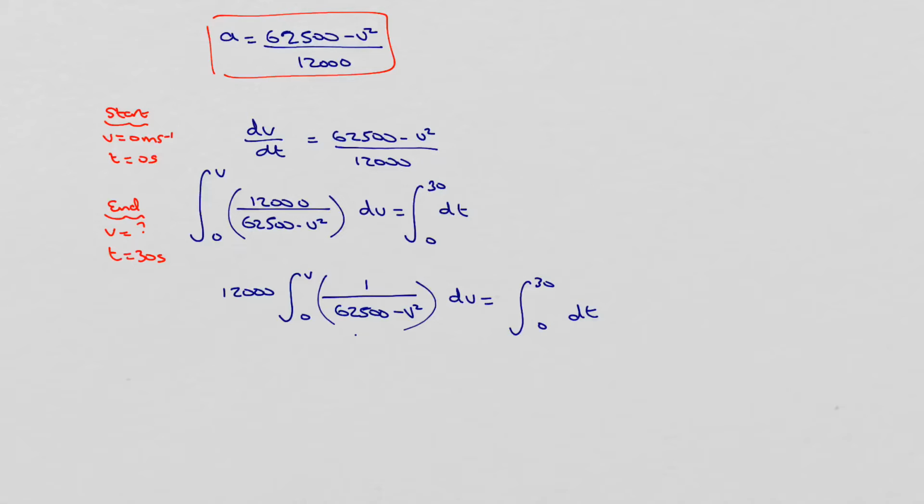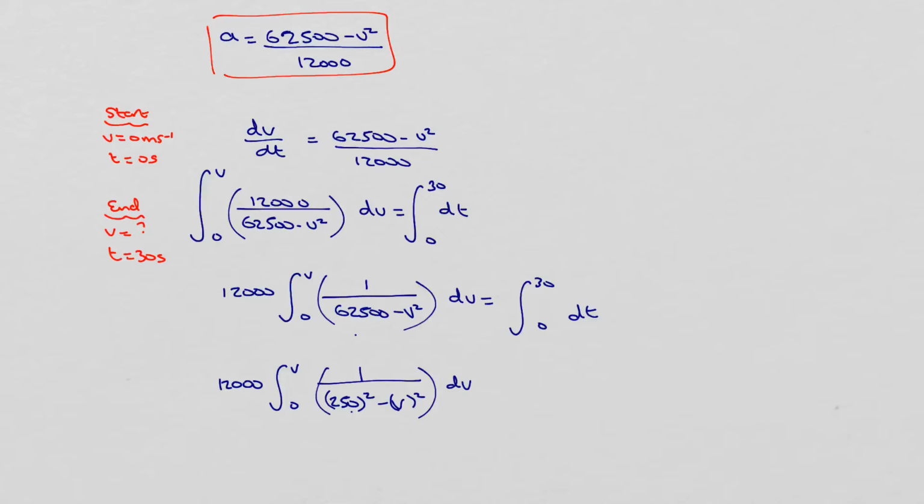So it's not 1 over a linear function, so it cannot be natural log. It's not 1 over something squared plus something squared, so it's not tan inverse. And it's not 1 over the square root of something squared minus something squared, so it's not sine inverse. So can I even write the denominator as something squared? Well, yes, I can, because 250 squared is 62,500.